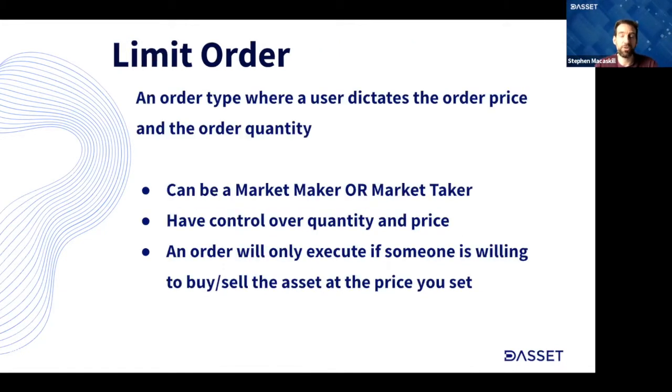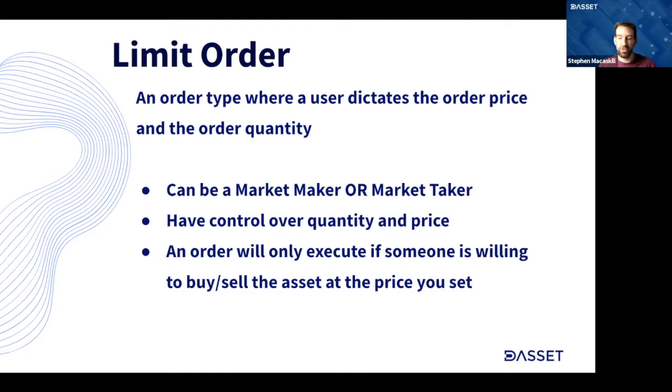Limit orders, so we're starting to get into conditional orders. This is where you as a user get to set the price and the quantity. So you have a little bit more control and flexibility over the order.